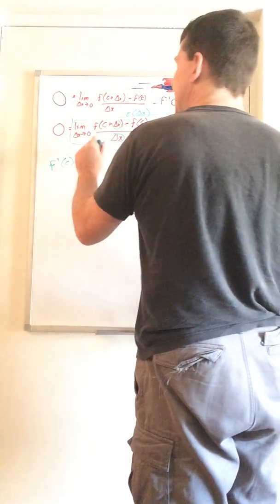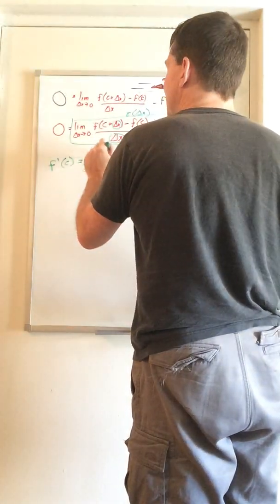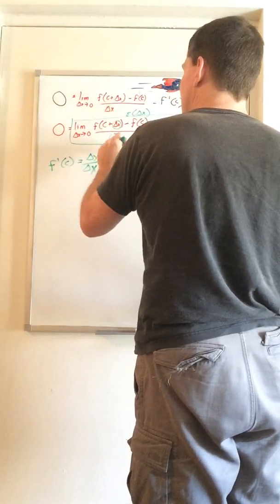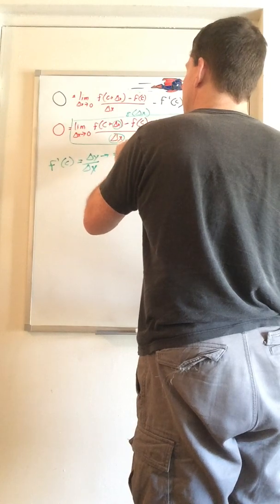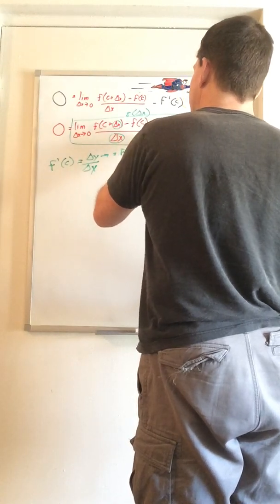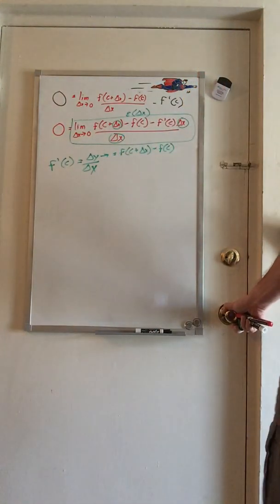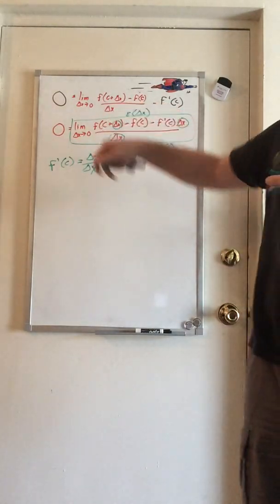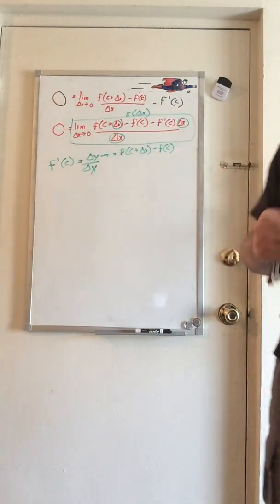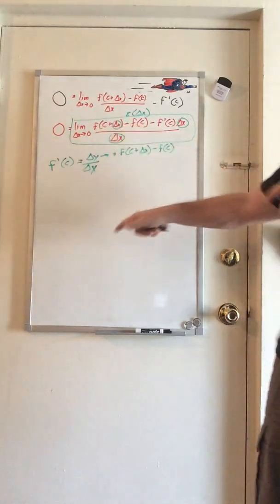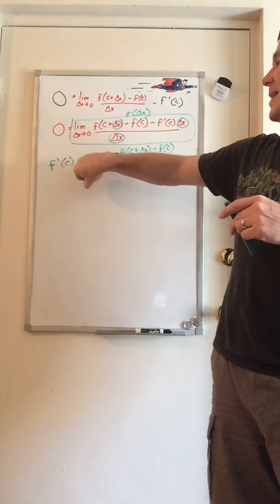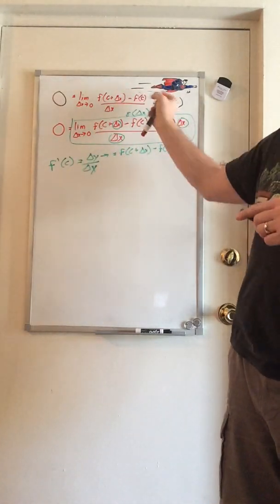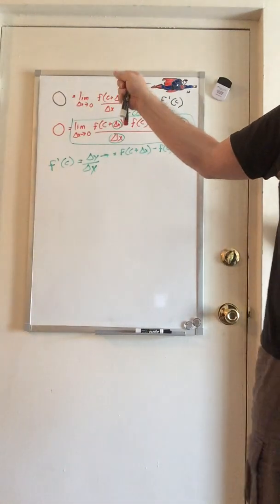And then, of course, in this notation, the delta y on top is just equal to f of c plus delta x minus f of c. So again, I'm using different notations of the derivative in different ways we've written it. Don't get lost and confused. This delta y is just the change in y, which is the value on top there.